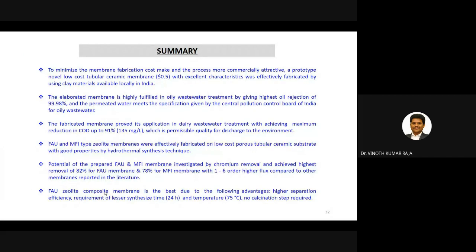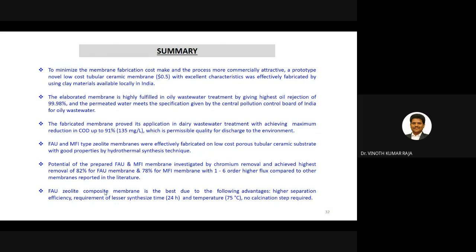To minimize the membrane fabrication cost and make the process commercially attractive, a prototype novel low-cost tubular membrane, that is, one membrane is 0.5 US dollar and 69 US dollar per square meter, with excellent characteristics, was effectively fabricated by using clay mineral materials available locally in India, such as Paul clay, pyrophyllite, and quartz.